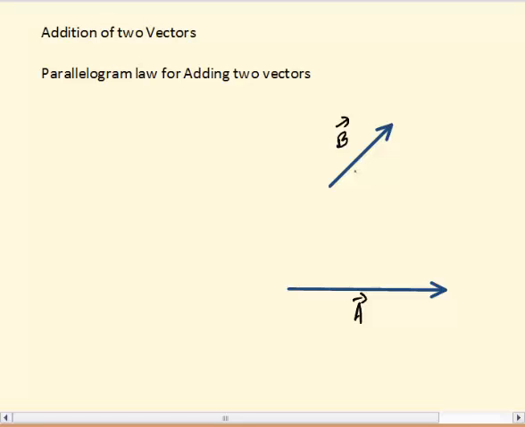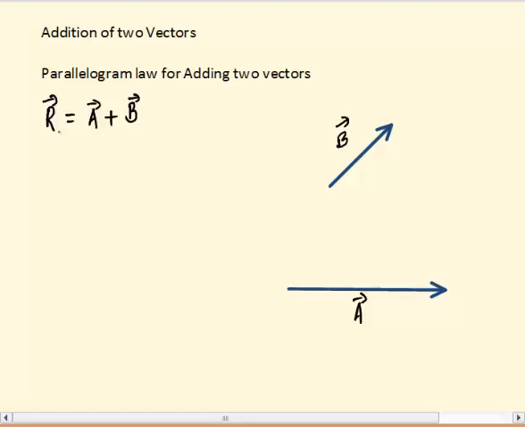Anyway, the angle between them is known as well because A is known, B is known. Now we have to add vectors A and B. Let's represent a vector R, which is also known as the resultant of A and B, which means nothing but the result of adding A vector with B vector.